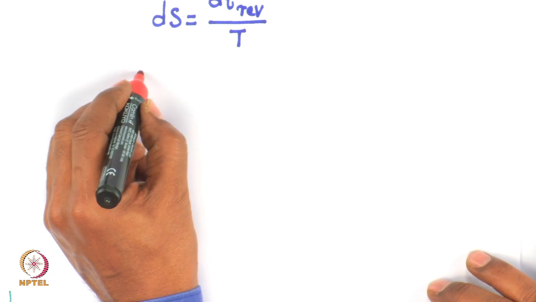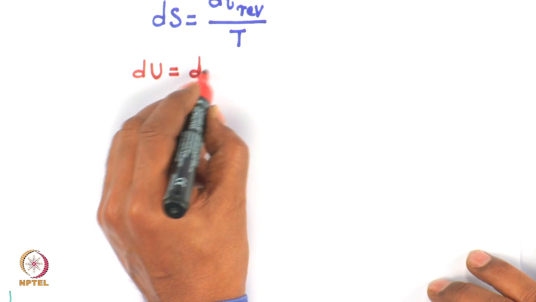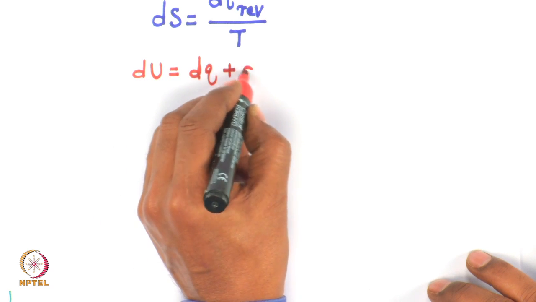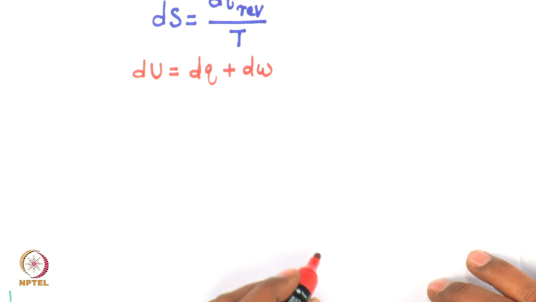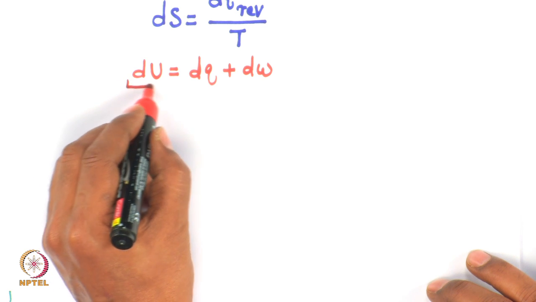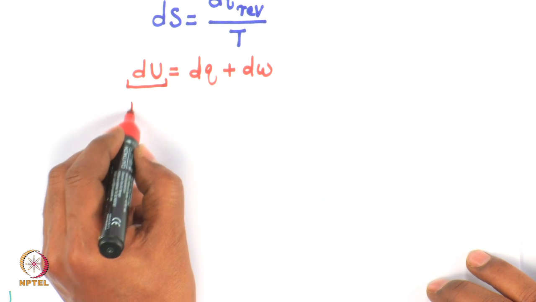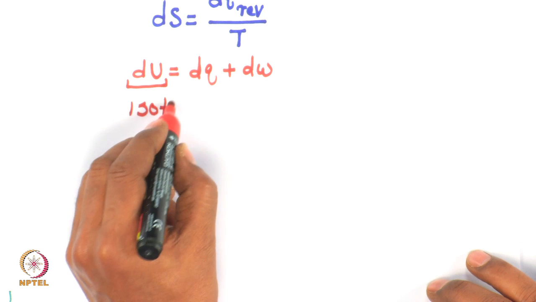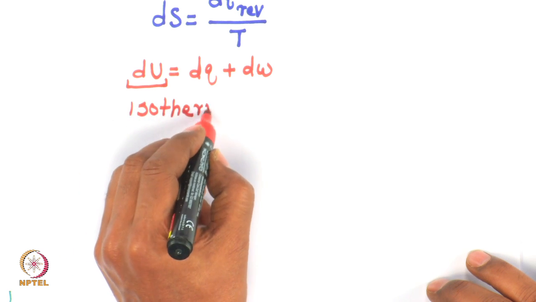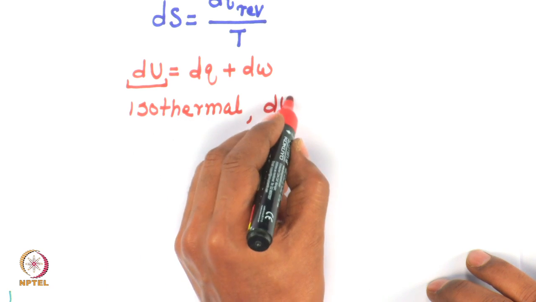Now, let me use the first law, dU is equal to dq plus dw, and since we are dealing with the isothermal case, the internal energy does not change. Isothermal means dU is equal to 0.